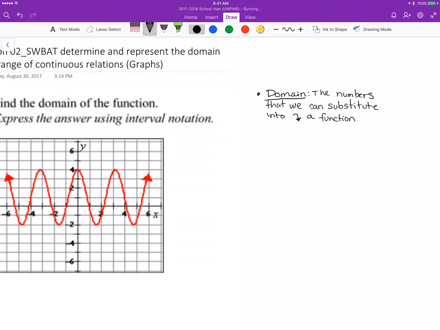That's the domain. In simpler terms, we're going to call that the x values.